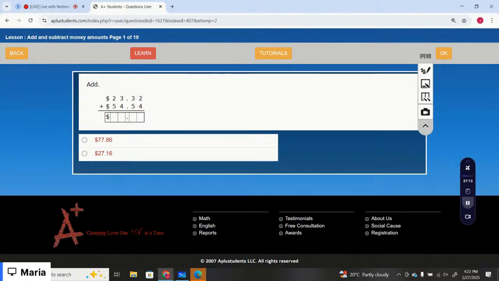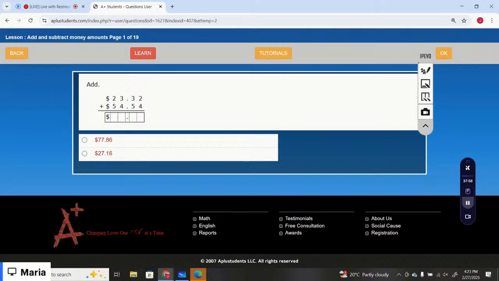Add, which is the correct option? Option number one is the correct option, right?